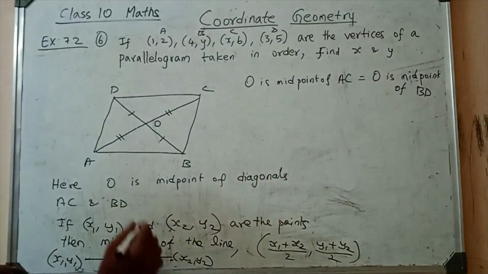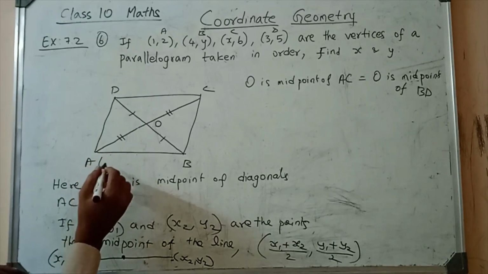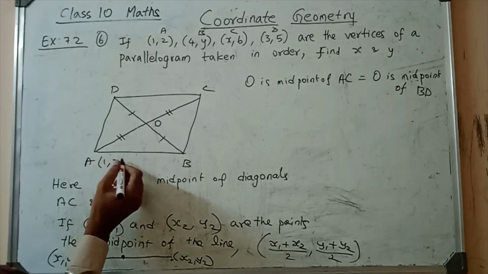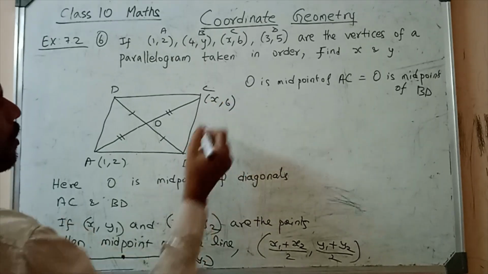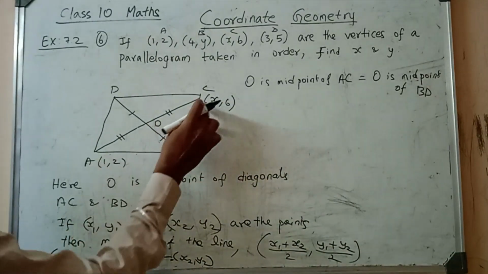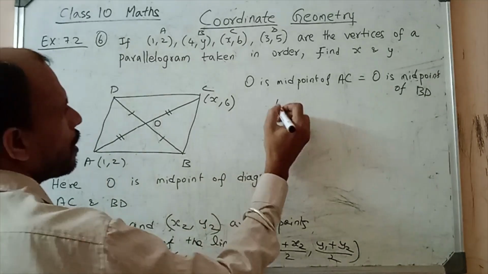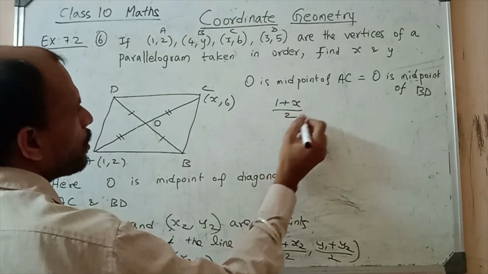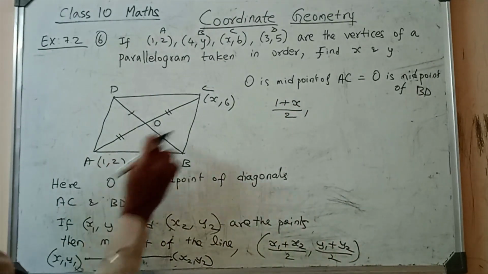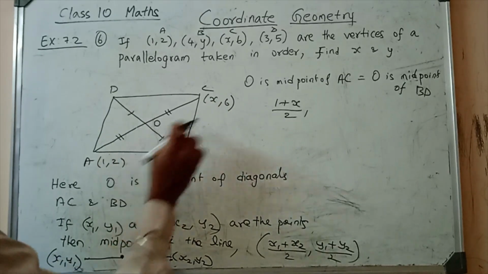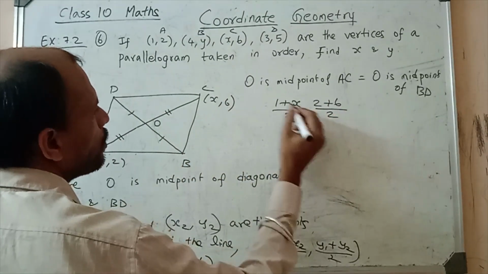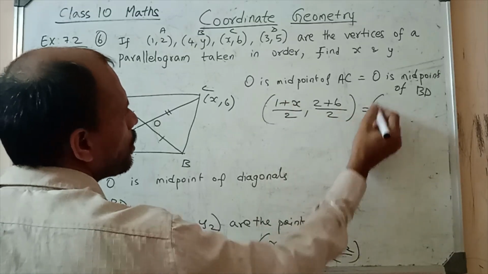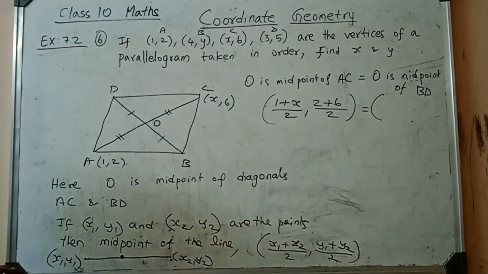So AC midpoint. So coordinates of A are 1 comma 2 and then C is x comma 6. Okay. Now x1 plus x2, 1 plus x divided by 2, comma y1 plus y2, 2 comma 6, 2 is y1, 6 is y2. So 2 plus 6 divided by 2 is equal to midpoint of BD.